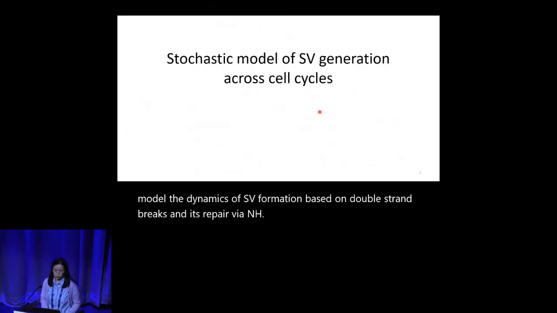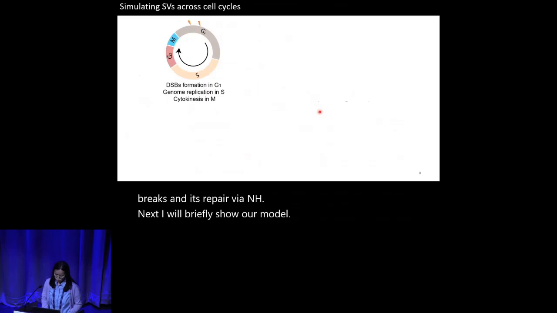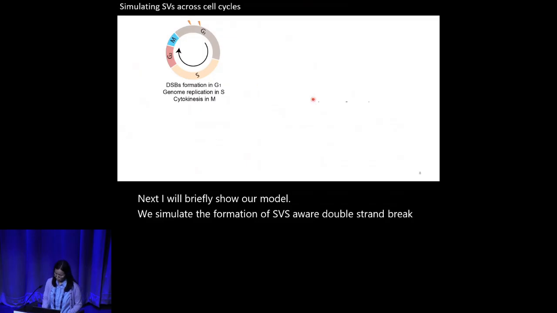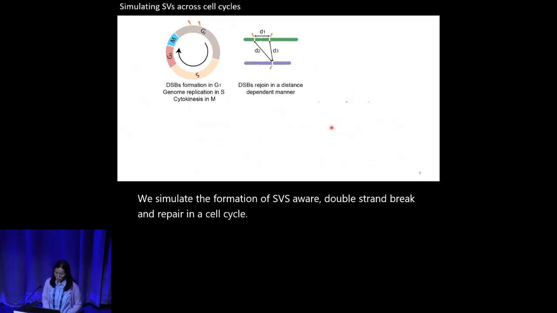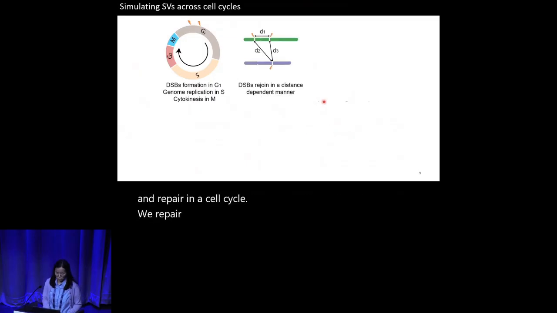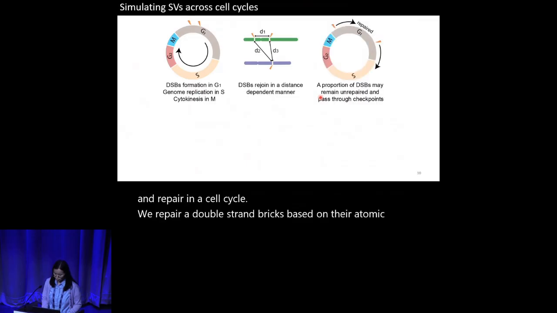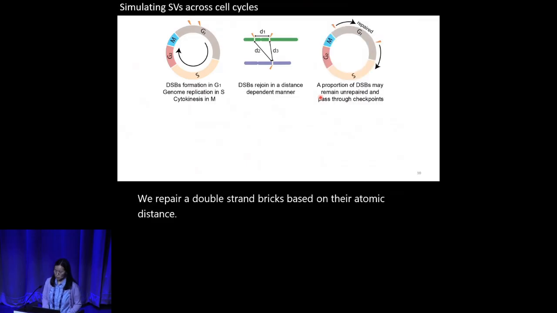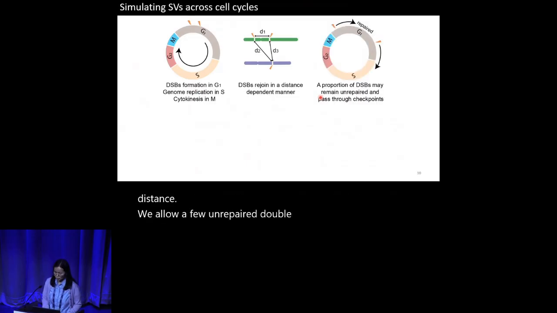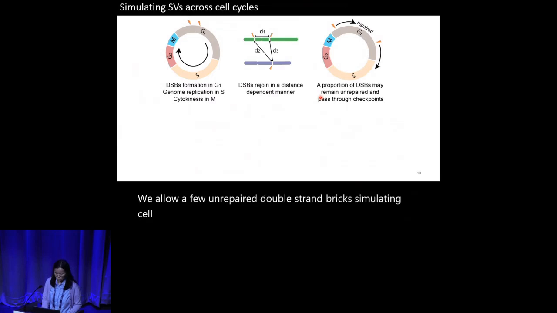Next, I will briefly show our model. We simulate the formation of SVs via double-strand break and repair in a cell cycle. We repair double-strand breaks based on their genomic distance. We allow a few unrepaired double-strand breaks, simulating cell cycle checkpoint errors.